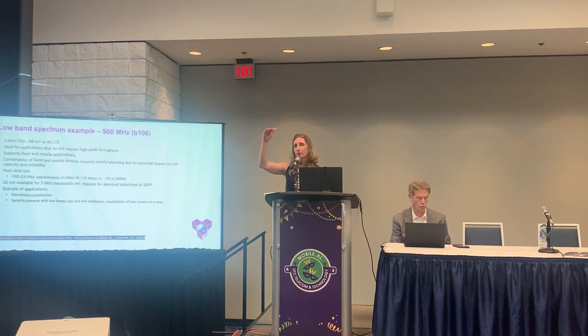You have multiple tiers of quality that you might want to achieve. If you're putting a few cameras, you only need to see one camera at a time, and you don't need high data rate, high frame rate, or high resolution, you can put a camera in 3 megahertz.